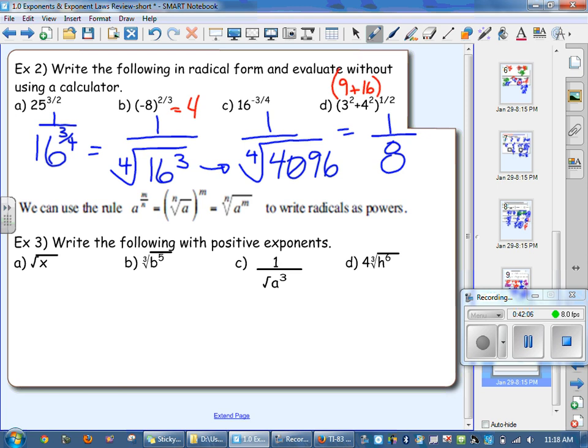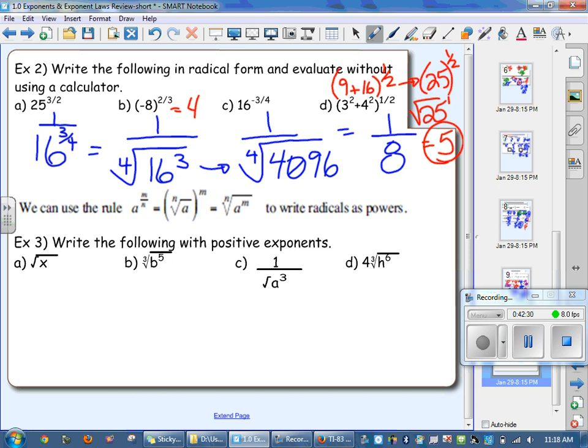Everybody knows that root 25 equals 5. So the answer for D is 5. Now remember, radicals can have positive answers or negative answers. So really, my answer for this could be positive or negative 5, correct? I could have 5 or negative 5. Okay, for a square root.